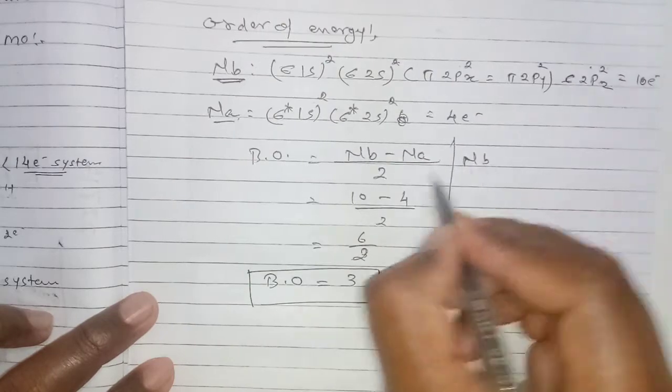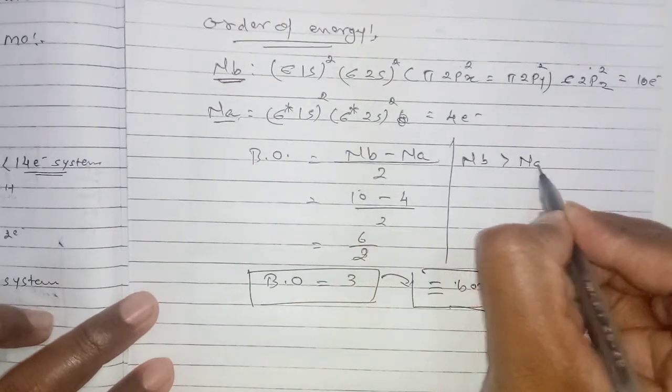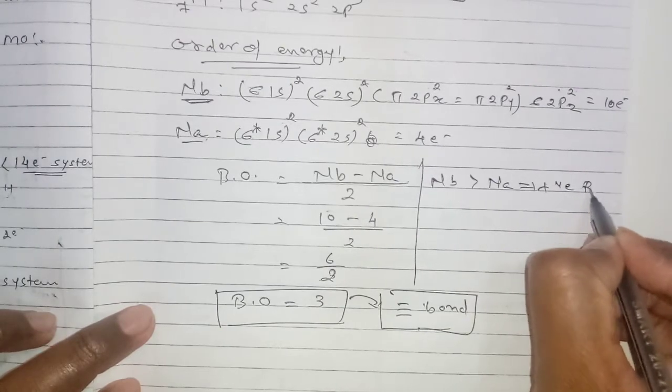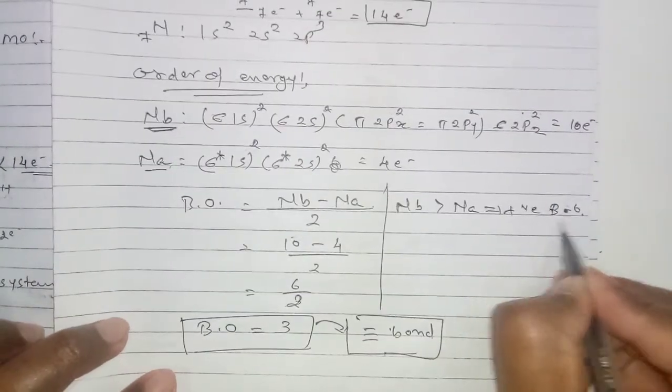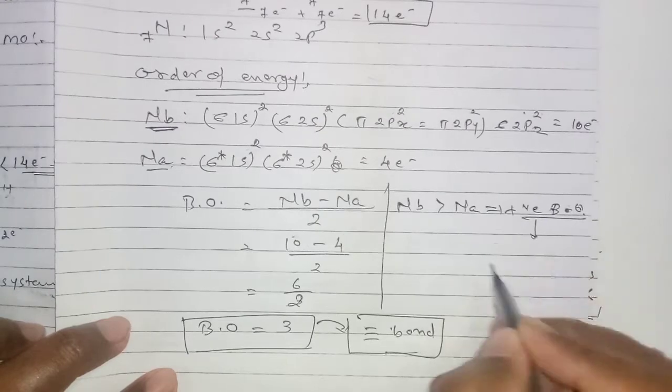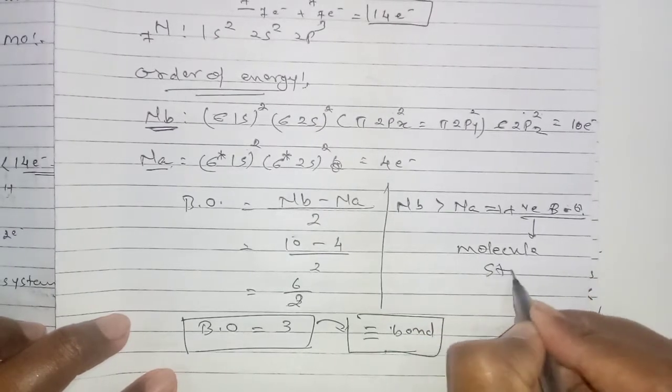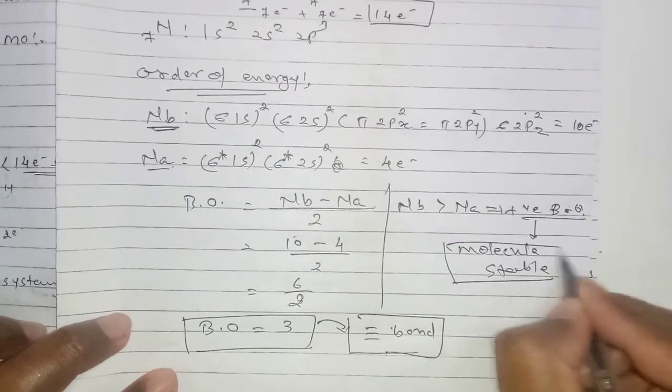Second thing, here Nb is greater than Na, so the bond order is positive and the molecule is stable.